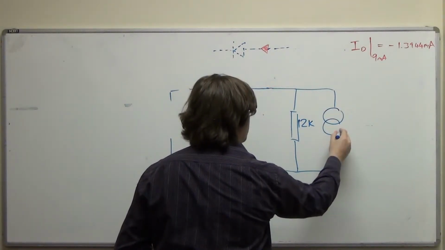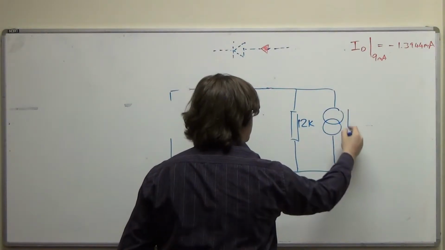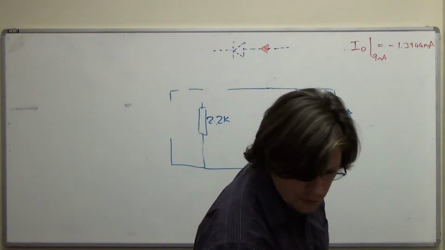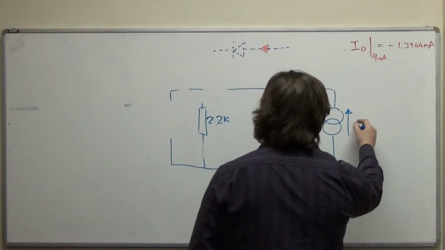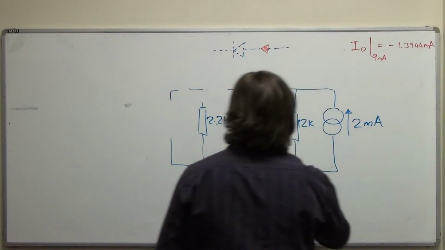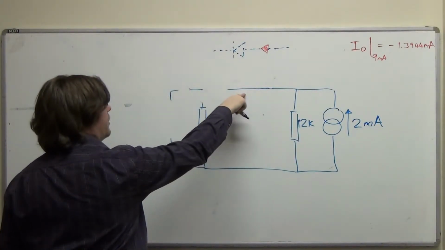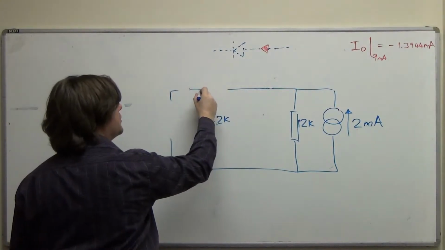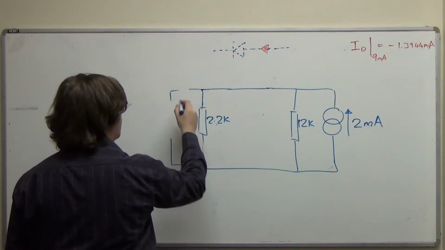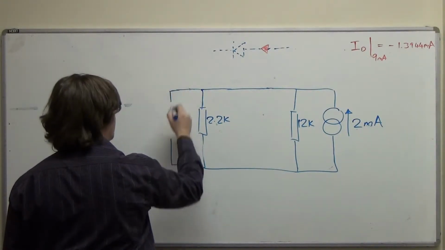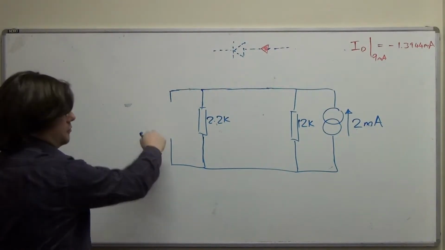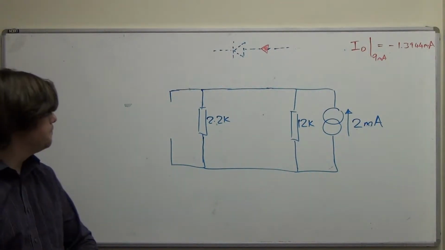It doesn't matter what order you do the superposition in. This was 2 milliamps, wasn't it? 2 milliamps, yeah. And there's a battery here, but it's still short-circuited because it's still switched off. And this current source, which is here, is open circuited because it's switched off as well.